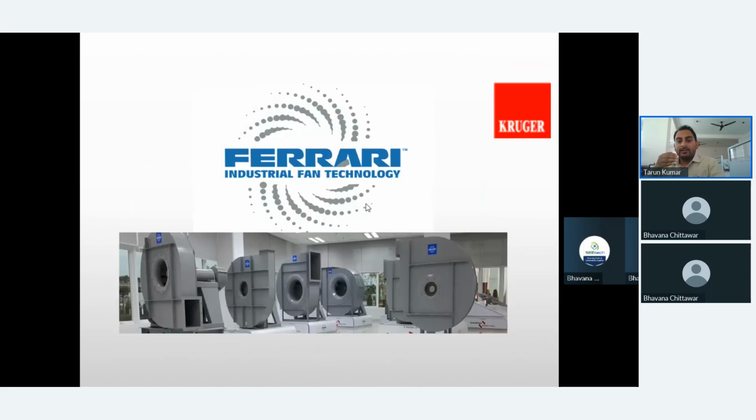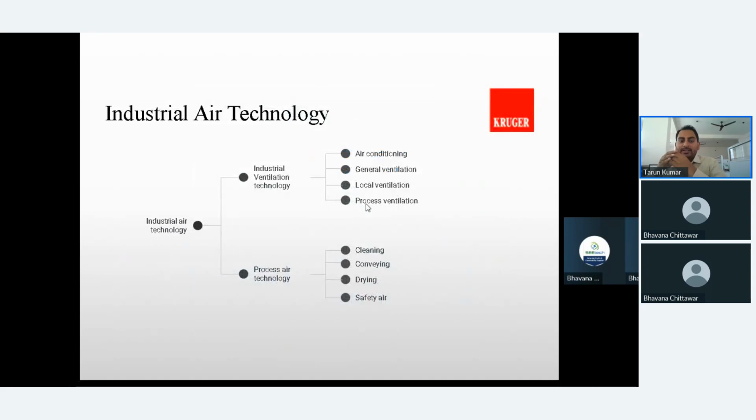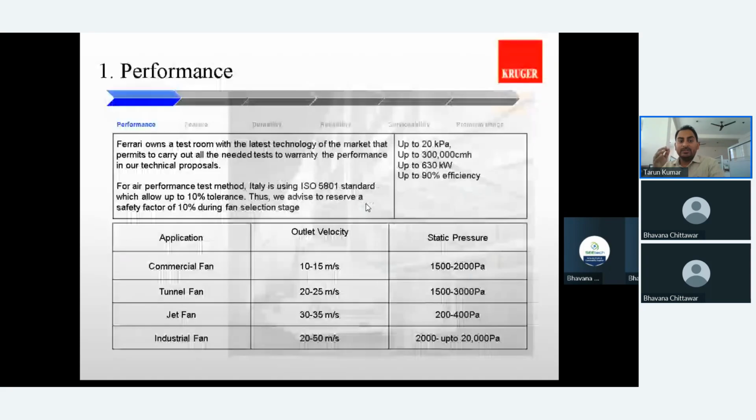Further, the Ferrari fan, which is part of Kruger, is used for industrial applications: air conditioning, general ventilation, local ventilation, process industry, and process air technology for cleaning, conveying, drying, and safety air.